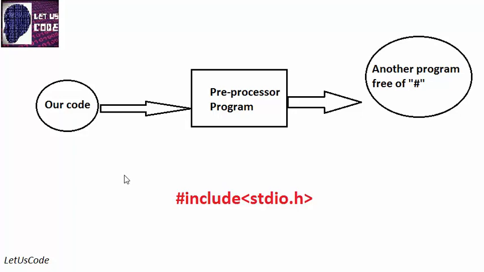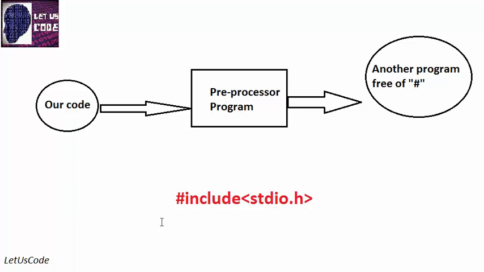Preprocessor is a program invoked by the compiler. In very basic terms, the preprocessor takes a C program and produces another C program. The produced program has no lines starting with hash. All such lines are processed by the preprocessor.